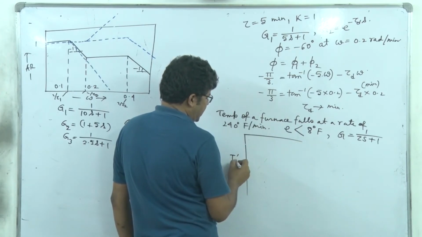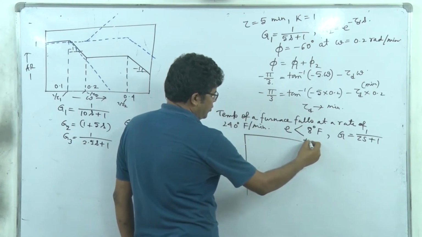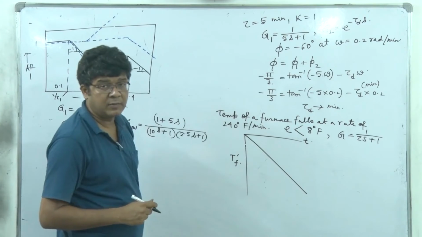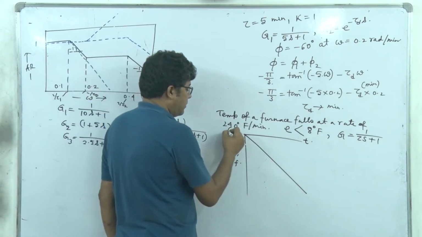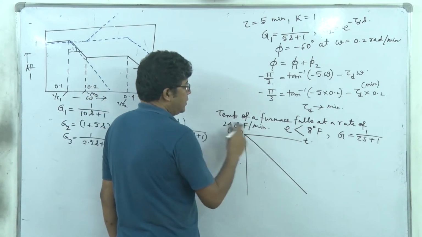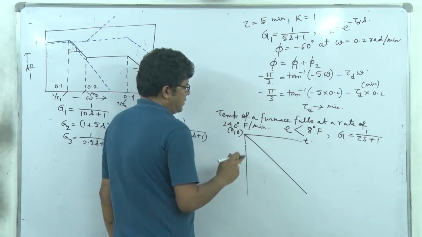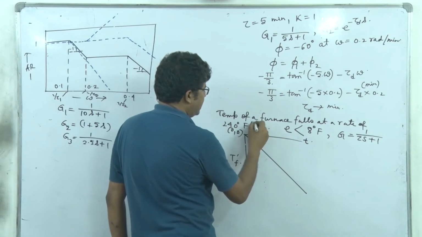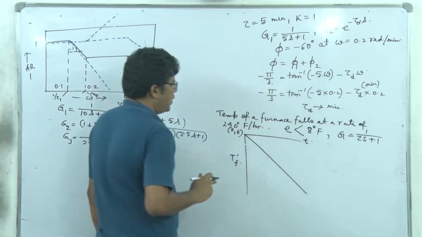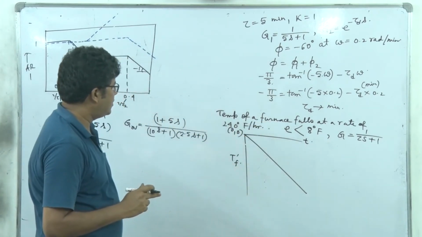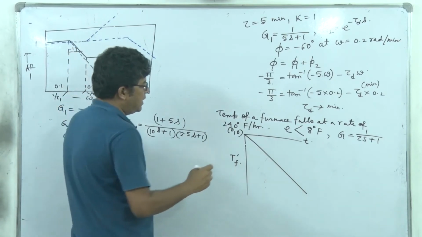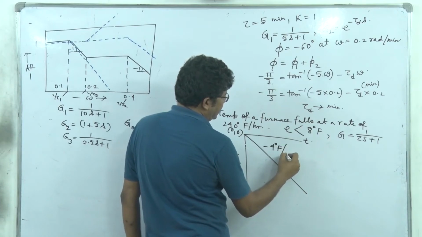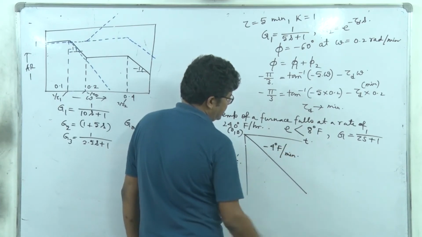So here the input is basically a ramp. If you plot the temperature of the furnace, which is the input, versus time, it falls like this in terms of deviation variable from the point 0, 0 here. So 240 degree per hour, that's what I was saying. So 240 divided by 60 is 4, so it is minus 4 degree Fahrenheit per minute.